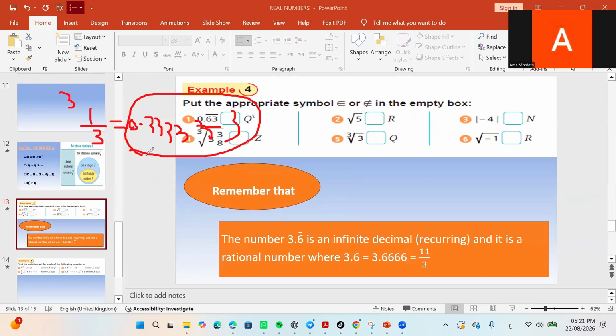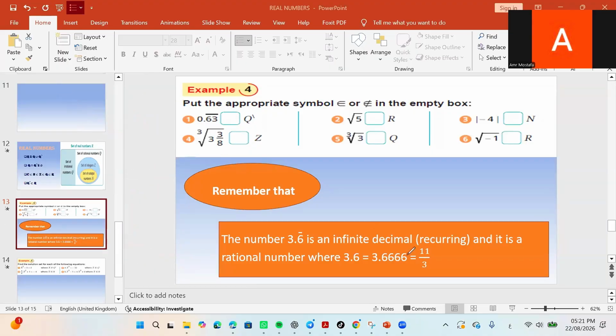Instead of writing all of these 3s, we write 0.3 with a dash over the 3. That means 3 is repeated and repeated all the time. Okay? A recurring number is a rational number. So the numbers which repeat also belong to rational numbers.